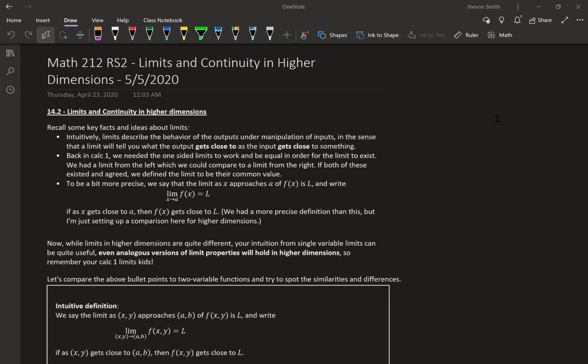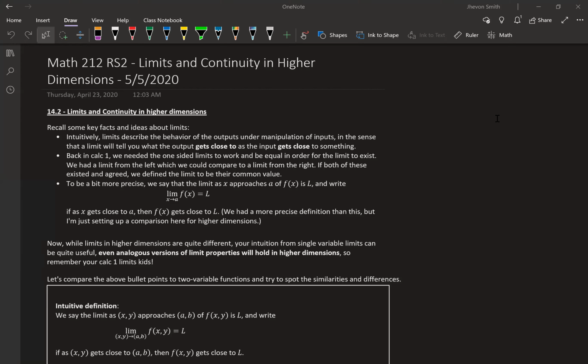Another thing that we used in single variable calculus is that sometimes we had to look at limits from one side at a time. So there was the left side and there was the right side. So we had one-sided limits where sometimes to figure out what a function is doing, we have to look at, well, what is it doing on this side? What is it doing on that side? And do they match up?